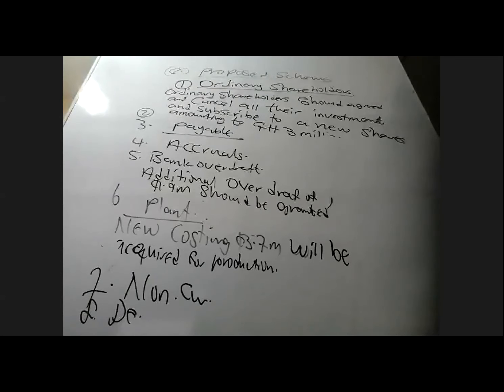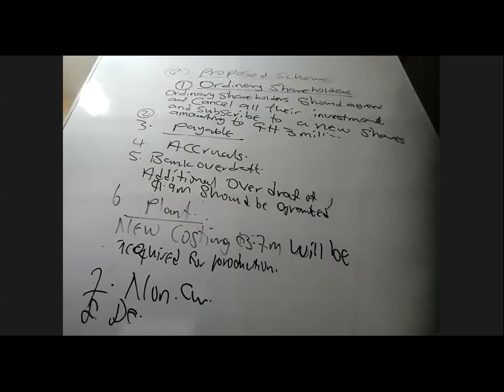The deferred development expenditure must be sold at a liquidated value of 2 million. So deferred development expenditure must be sold at a liquidated value of what? 2 million. Please, it must be 2 million. Good.